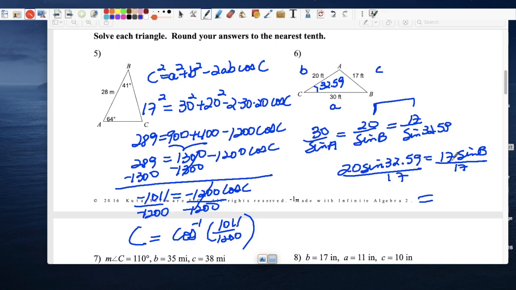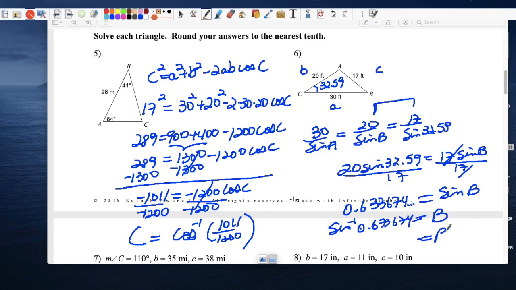Let's figure that out. 20 times sine of 32.59 over 17. So if you do that, you should have 0.633674 dot dot dot. So let's find angle B, which is the inverse. Put that ugly number in there.